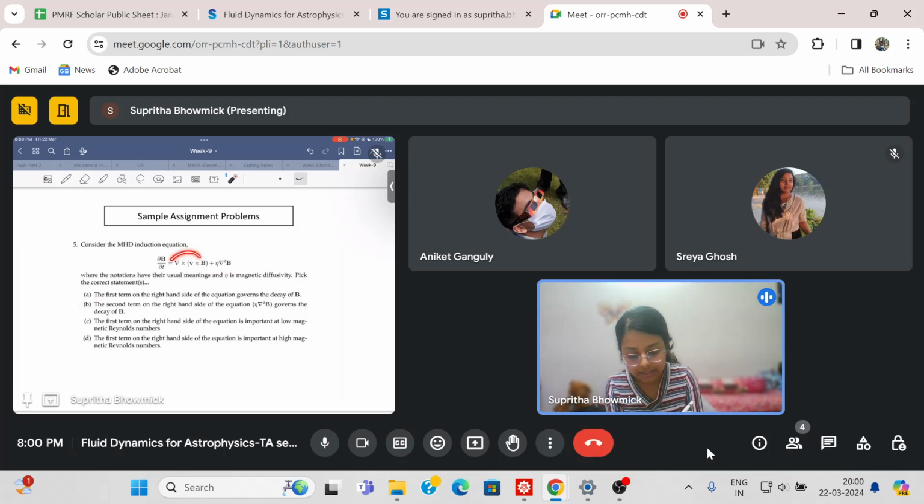The first term on the right hand side is more important at low magnetic Reynolds number, versus the first term is important at high magnetic Reynolds number. D. Absolutely. Why is that?